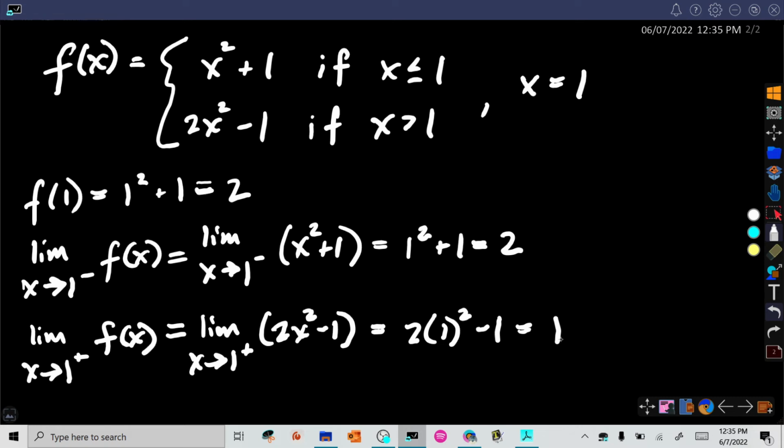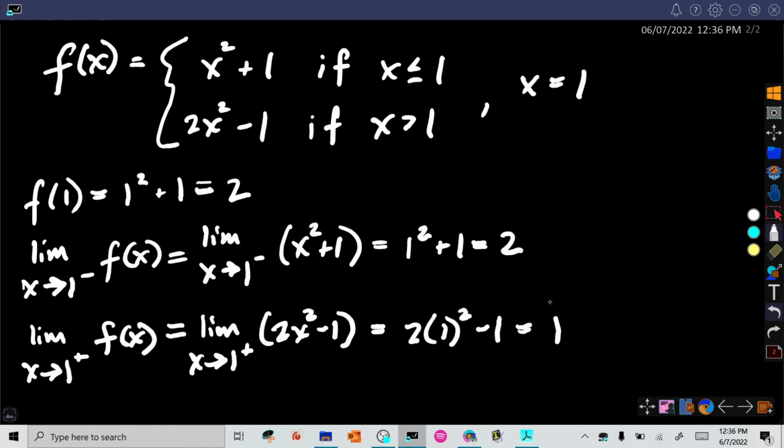So you can run down the conditions if you look back at the notes. Does the function exist? Yes. The function exists at that point. We can evaluate it at 1, and it equals 2. The second condition is, does the limit exist? Since the left-hand limit and the right-hand limit are not the same, the limit technically does not exist.